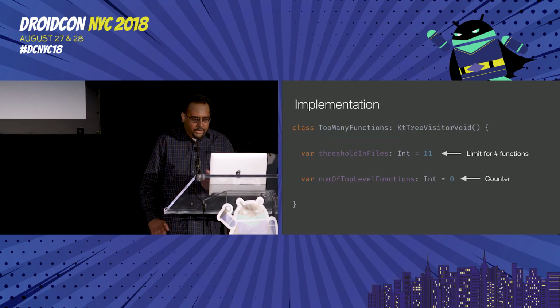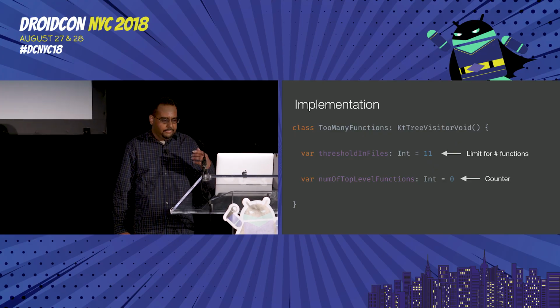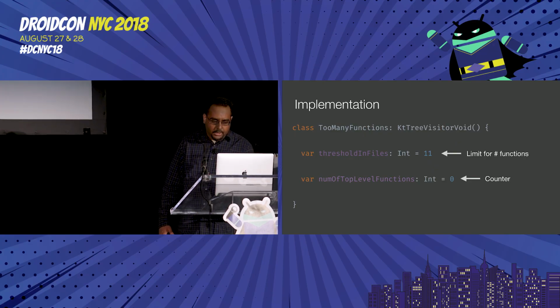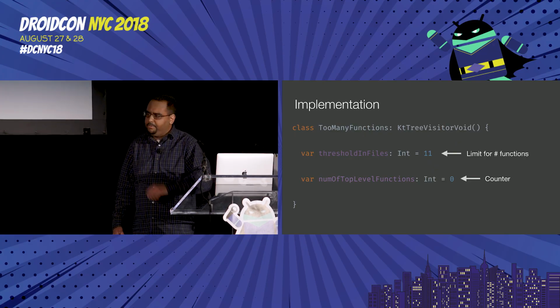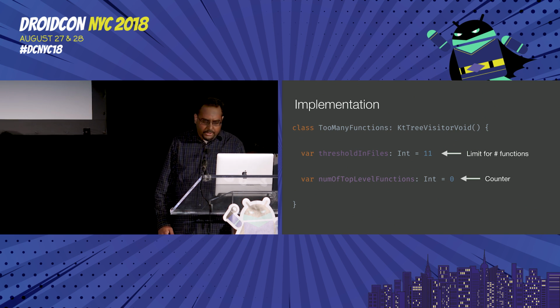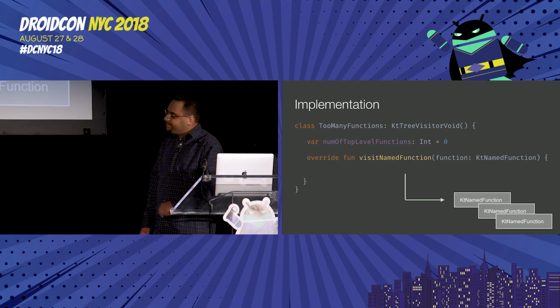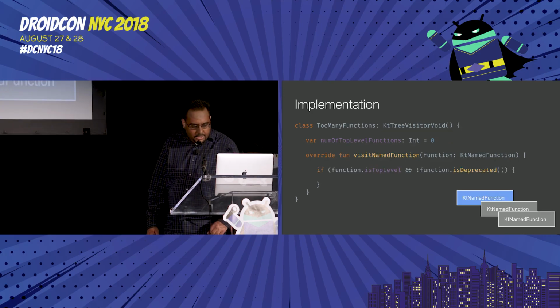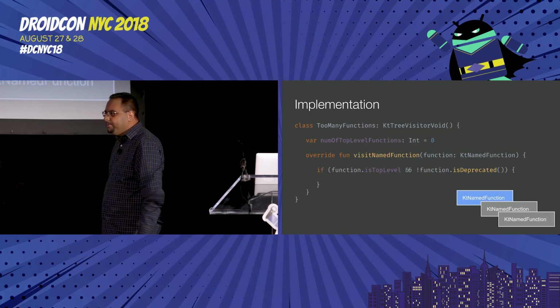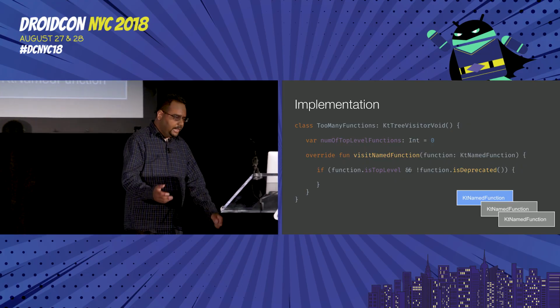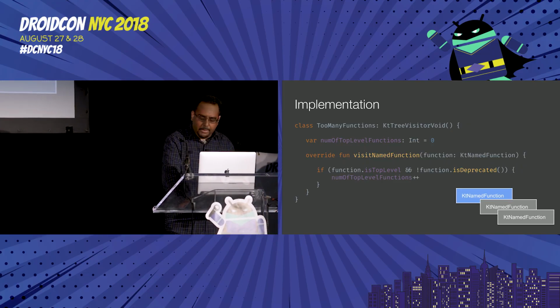So in my implementation, I'm going to have a variable for the limit, the number of top-level functions you could have in the class. I'm going to have a counter as I go through each of your methods, and I'm going to increment it. So I'm going to override this method right here. I'm going to check: you have a top-level method, is it deprecated? If it's not deprecated, then I'm going to increment this counter.